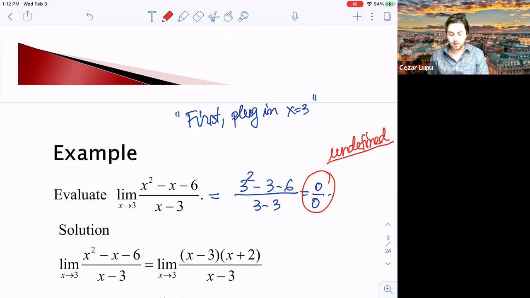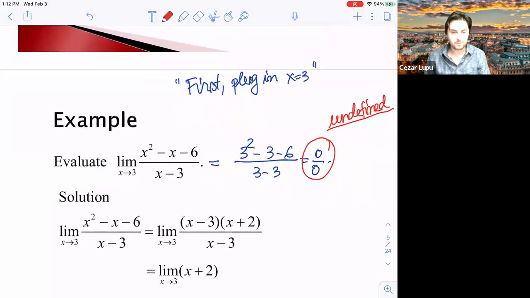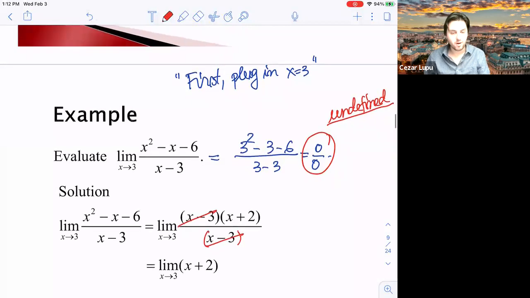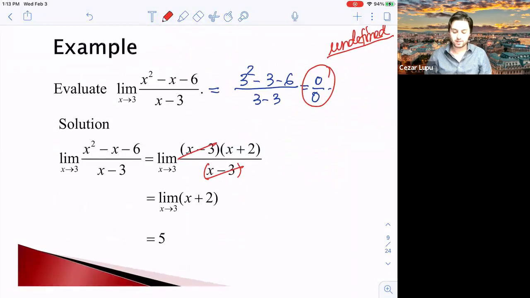We're lucky because the top can be expressed in terms of the bottom, and we just have to cancel x minus 3 here. Boom, boom, and that's it. You get the limit as x approaches 3 of x plus 2. Now you plug it in and it will be 5. So that was the trick to this problem.